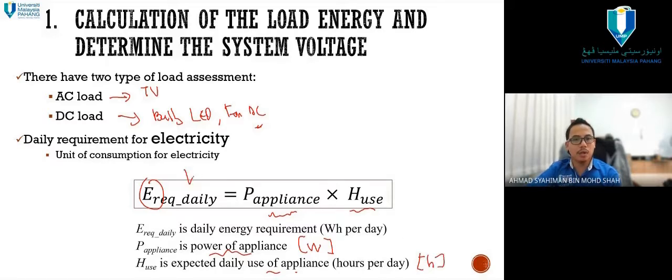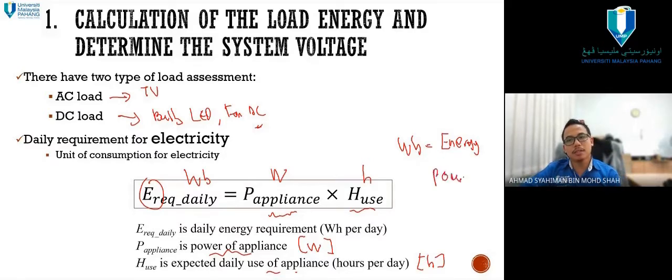So ini jadi watt hour lah, sebab ni watt darab hour. So watt hour. What is watt hour? Watt hour is energy. Remember it's energy. It's not power. Okay.